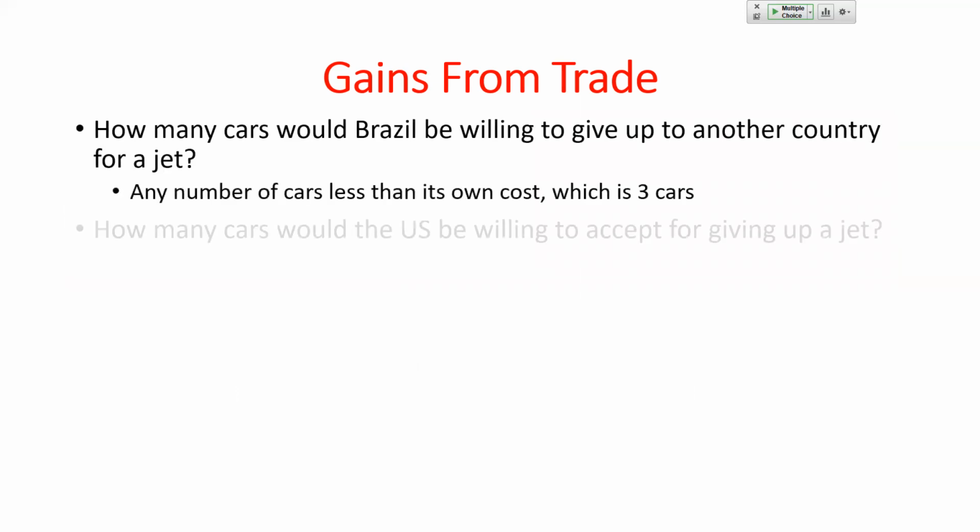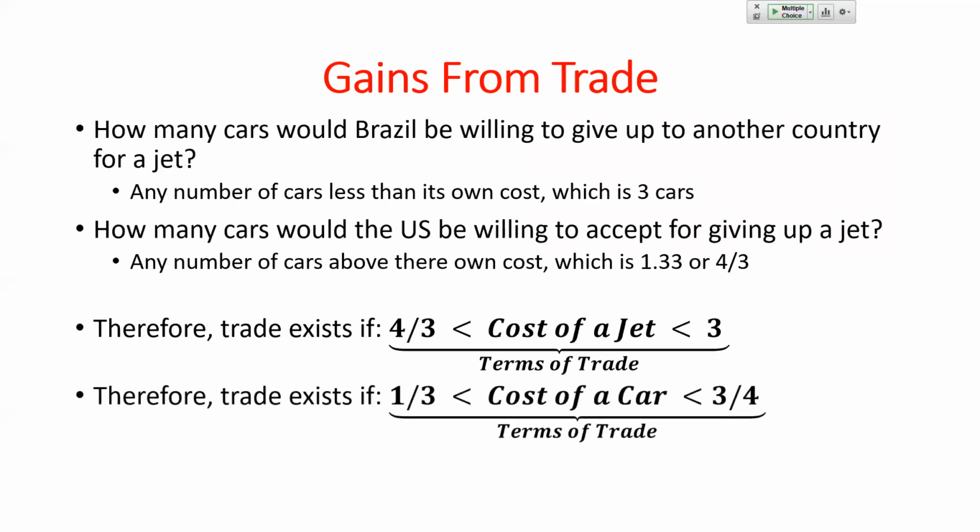I'll give you a different way of thinking about it. I could come up with what those trade values are. I said the trade value that would work for both countries is somewhere in between each country's cost: the 3/4 of a jet for the US cost, and the 1/3 of a jet for Brazil's cost. As long as we choose some terms of trade in between those values, both countries should be better off.